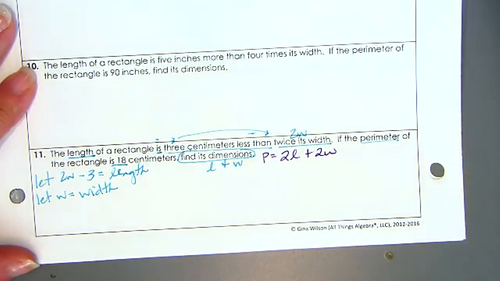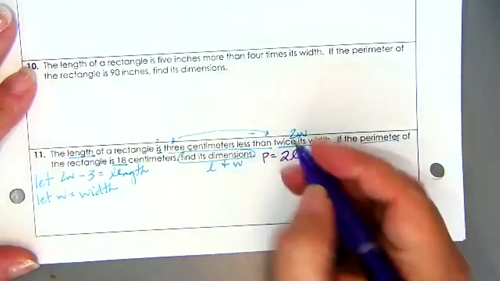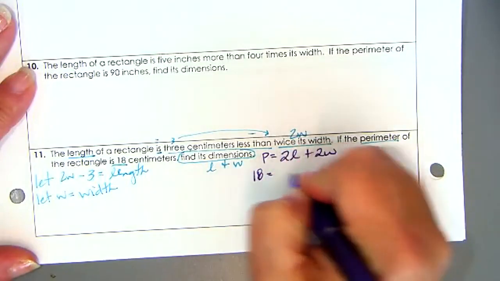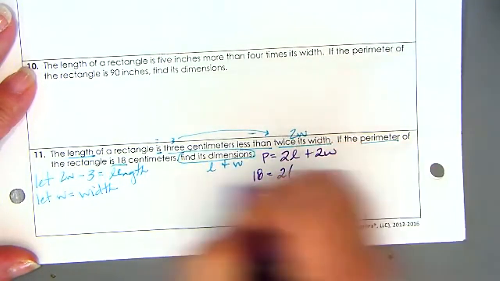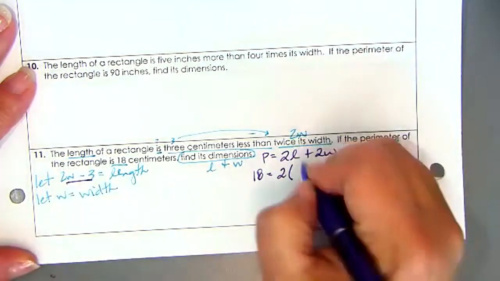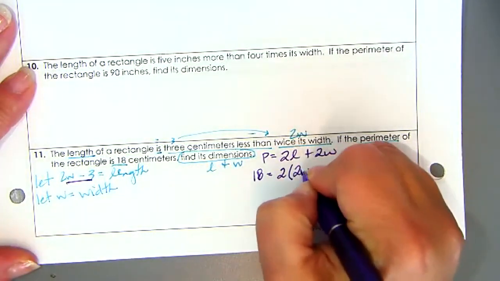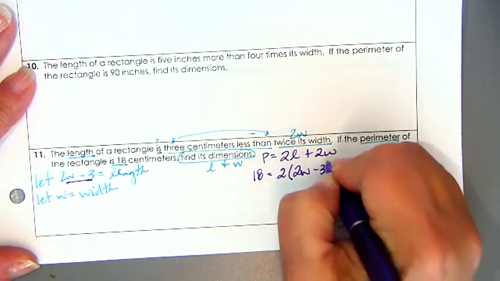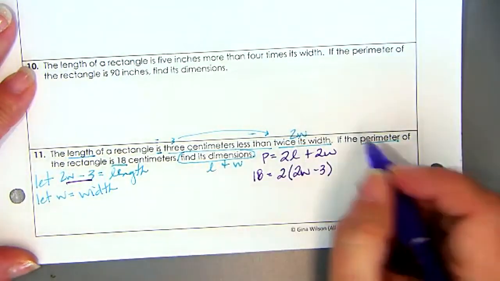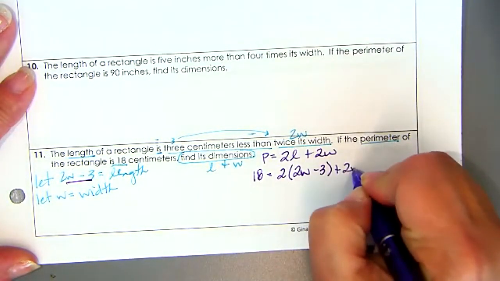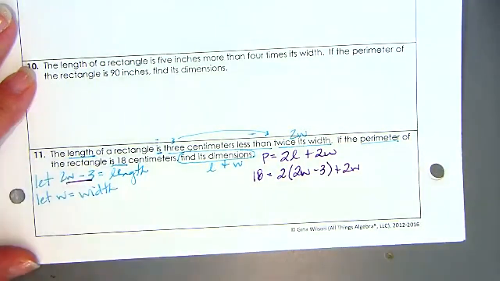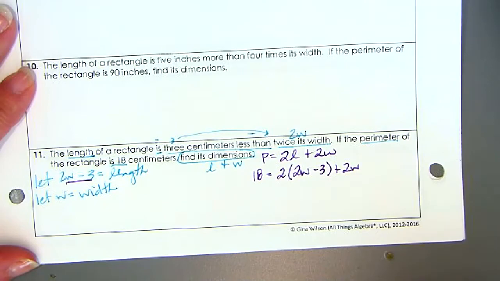I take this information and I plug it in. So I'm going to have 18 equals 2 times the length, which is represented by 2W minus 3, close parentheses. The width is W, so plus 2W. And now I solve. Distribute and solve.